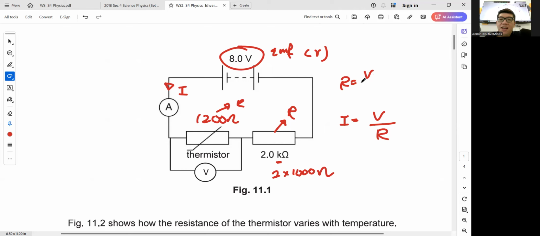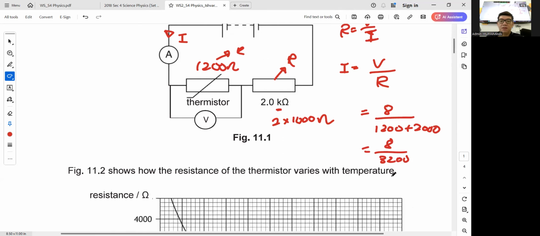R equals V over I. Then you have I equals V over R. And that will give you, plus 2,000. This should be 0.0025, I think. Could be off by one zero.